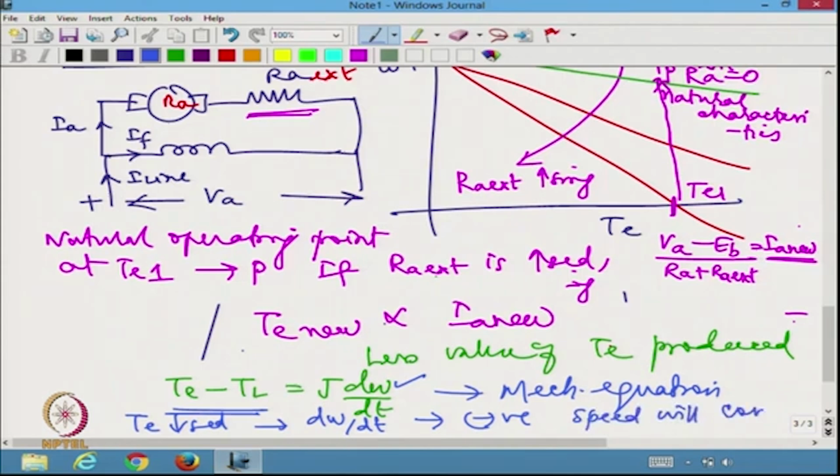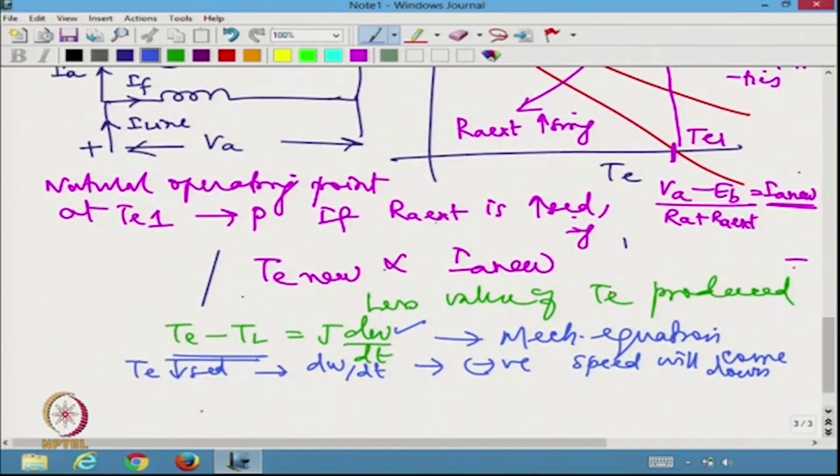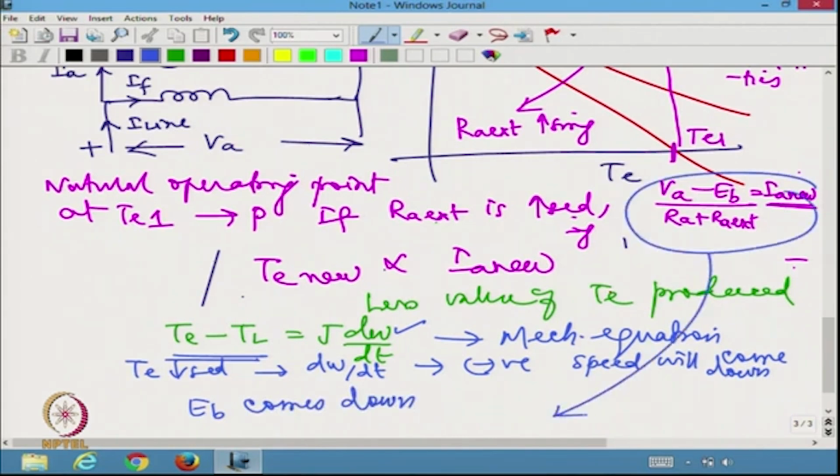So, if speed comes down, then back EMF also will come down. Because back EMF comes down, from this equation I can say IA will increase. So, IA increases and reaches its original value.